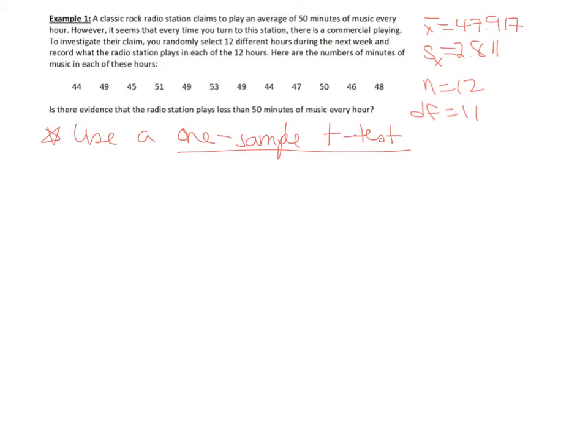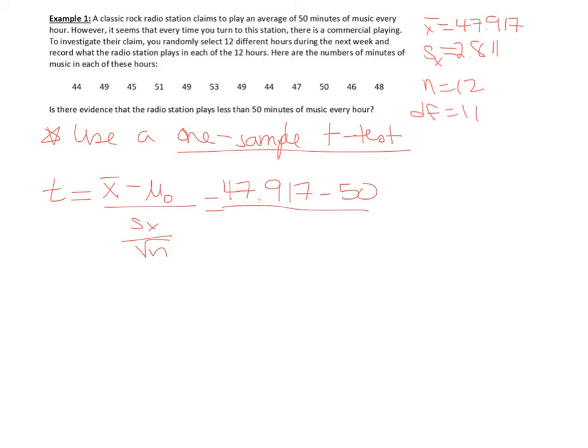Next, we're going to do our mechanics. The first thing that you're going to do with your mechanics is find your test statistic, which is your t. For my test statistic, remember this was my formula. It involves the sample mean, which was 47.917, minus the mean from my hypothesis, which I said was 50.